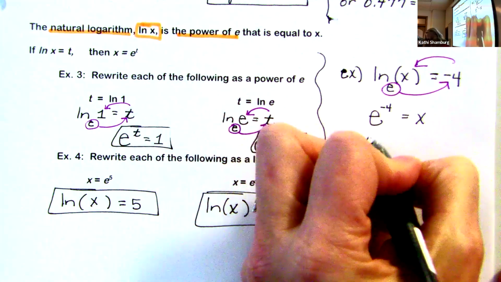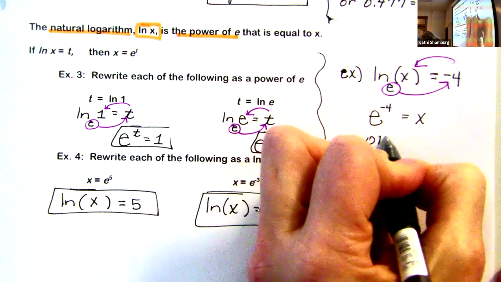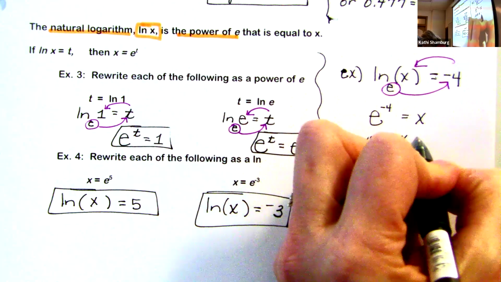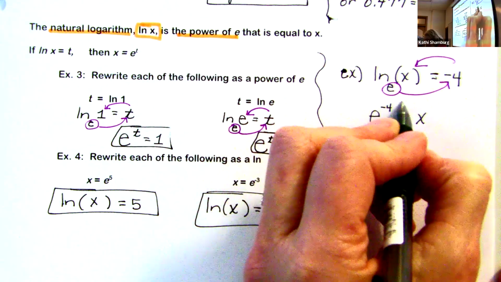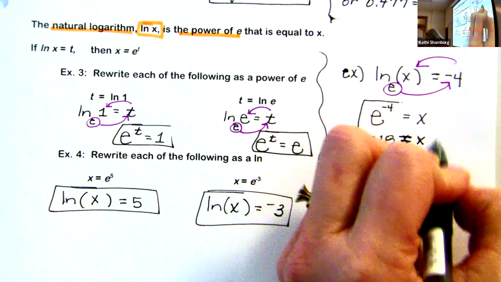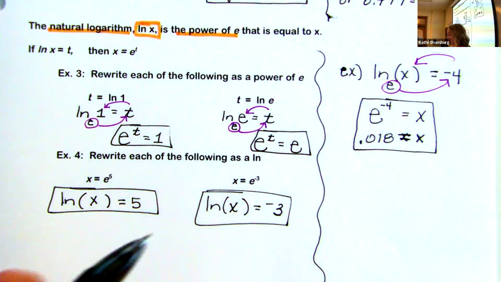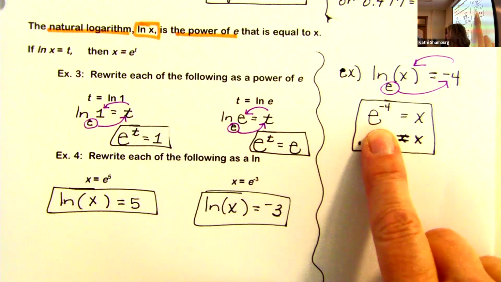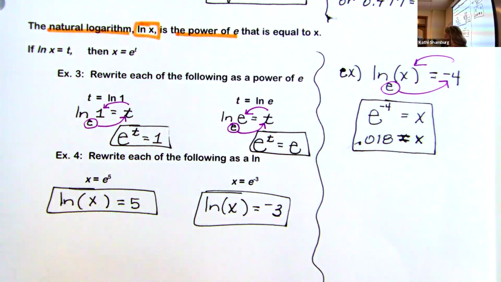Now, again, I don't know which way WebAssign wants it. If it doesn't say round to a particular number, then it's going to want the exact answer, which would be E to the -4. If it says to round, then you'll go ahead and convert it to its decimal.